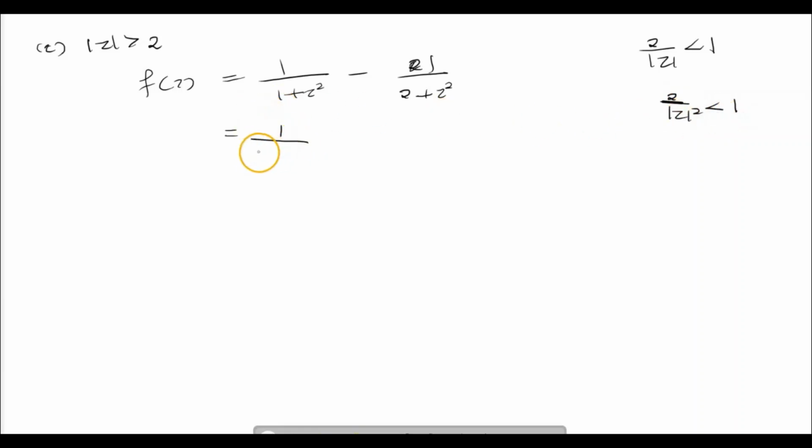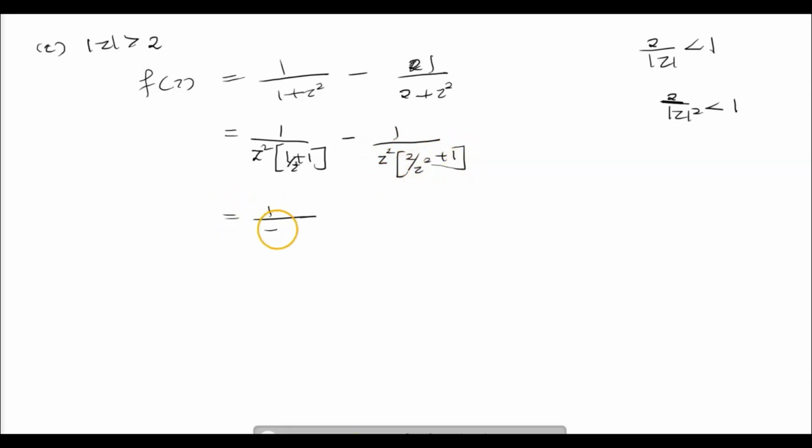So take z square outside. As done earlier, 1 by z square plus 1 minus 1 by, take z square outside. This is 2 by z square plus 1.